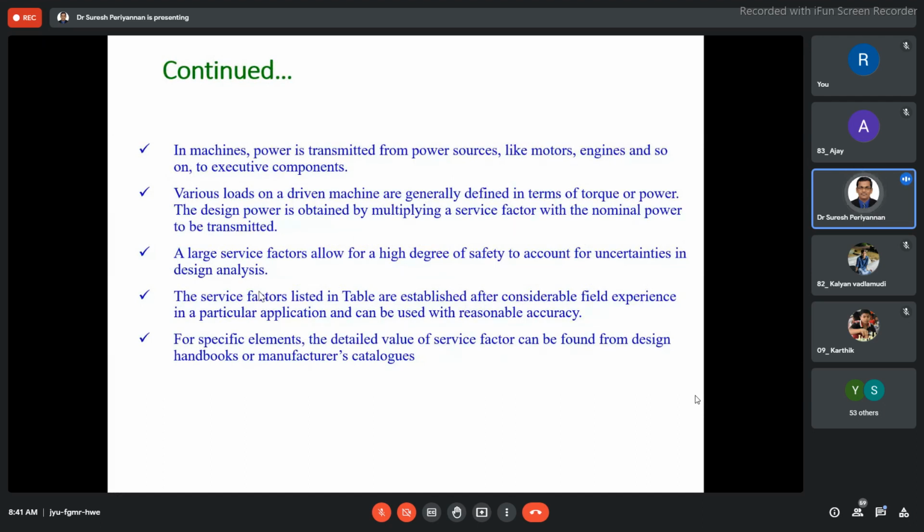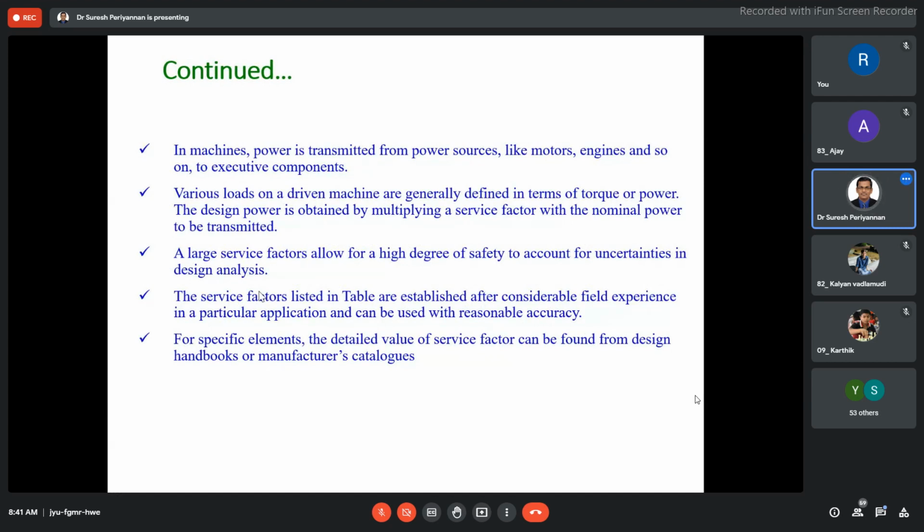In two-wheelers, the main source is the IC engine, and the power is transmitted with the help of a chain drive mechanism to executive components like the back wheel. If you consider a motor, it is connected with a generator or a compressor, and the power is transmitted from the motor to the compressor with the help of a shaft.